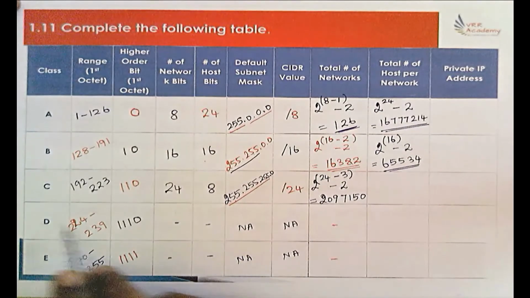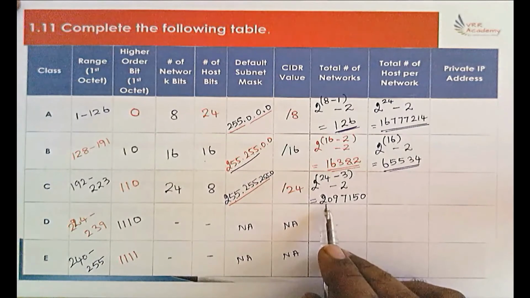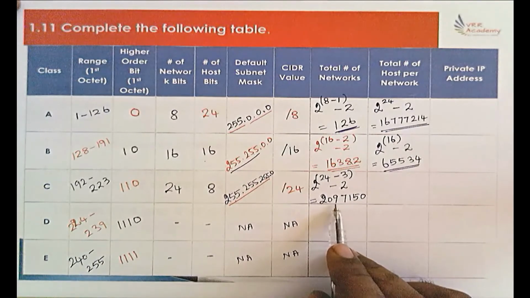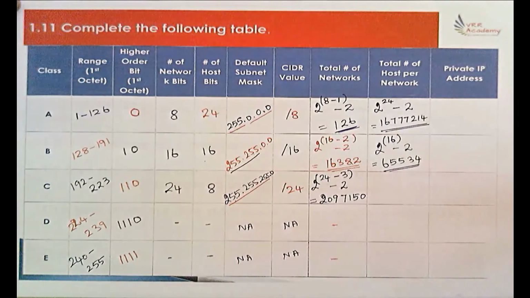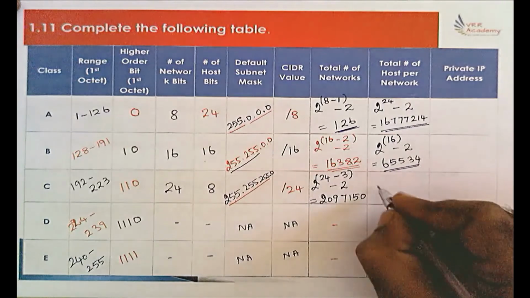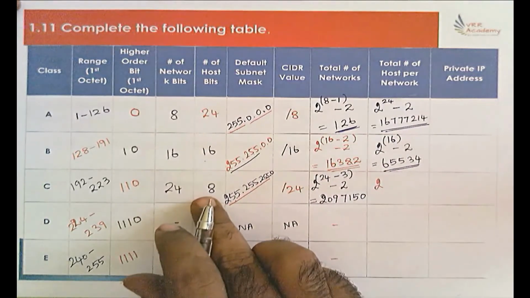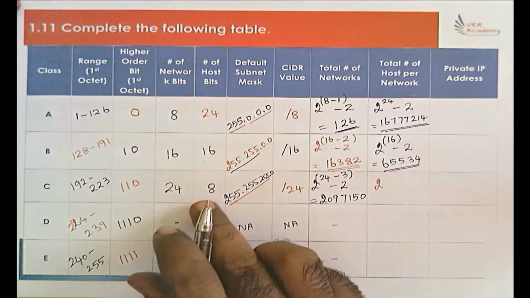Then moving on to class C. In class C, we already discussed that you can have 2,097,150 different networks. In each network, how many hosts can we have? It is 2 to the power of the number of bits available in the host. We have 8 bits here.